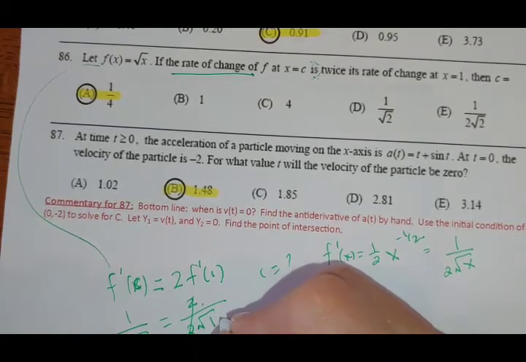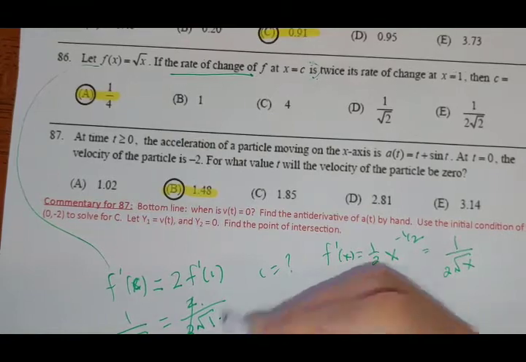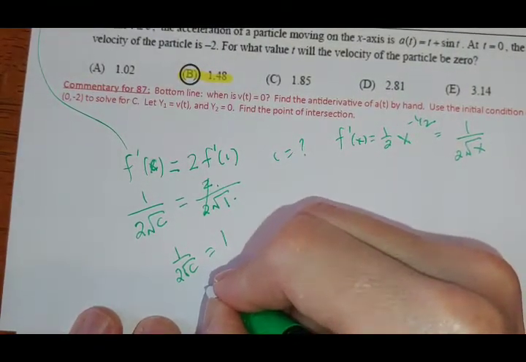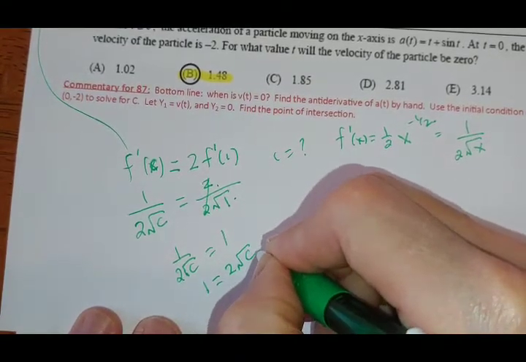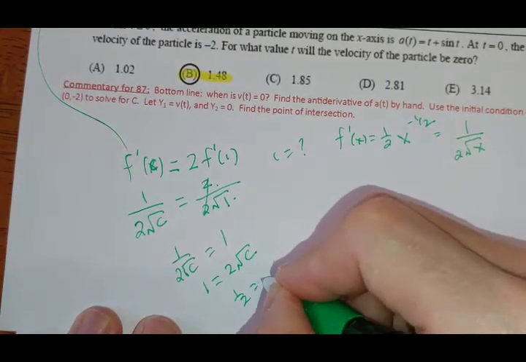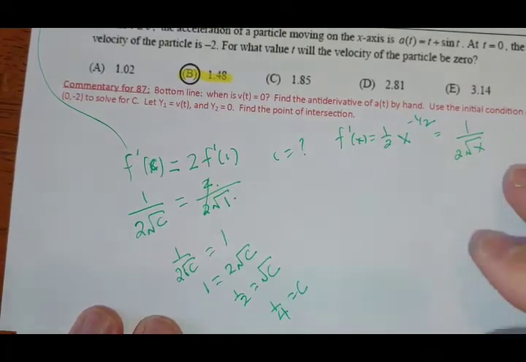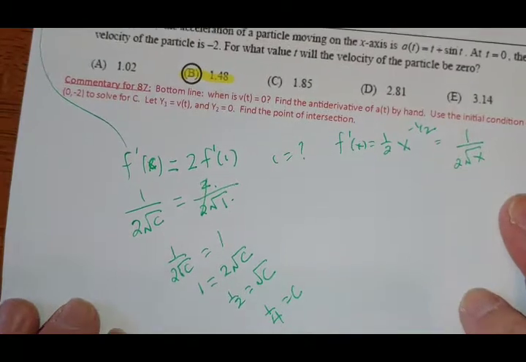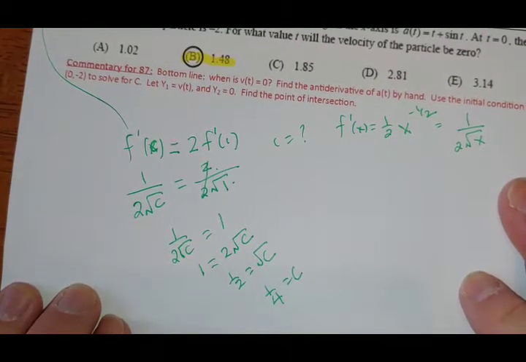The 2's divide out, the square root of 1 is 1, so I have 1 over 2 square root c equal to 1. Cross multiply, and I have 1 equal to 2 square root c. Divide by 2, and I have 1/2 equals square root c. Square both sides, and I have 1/4 equal to c. I hope that showed up all on the screen. Yes, now it is.